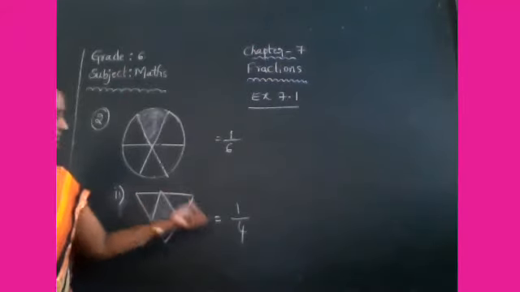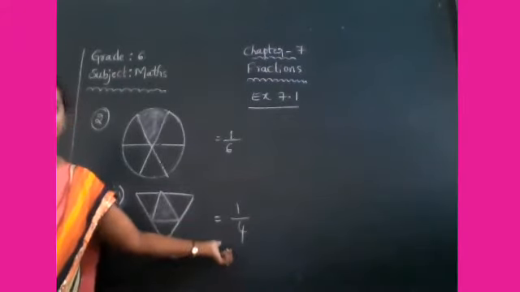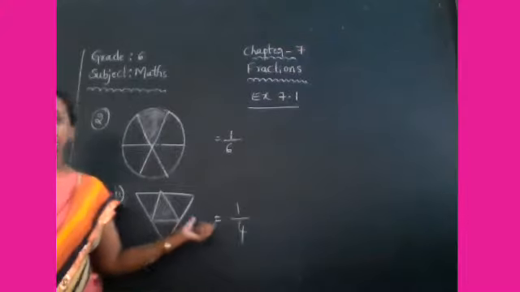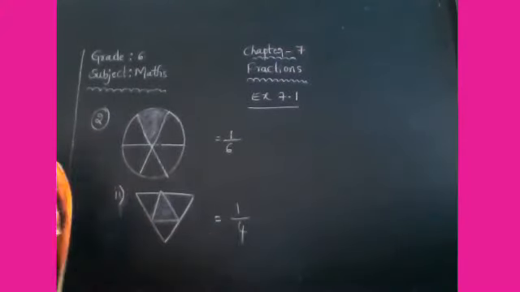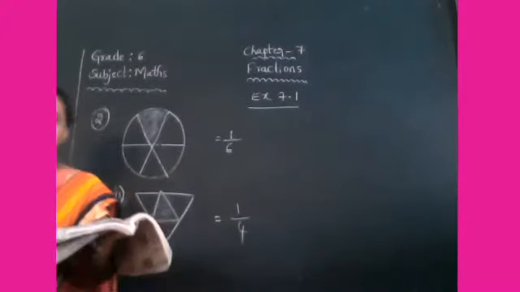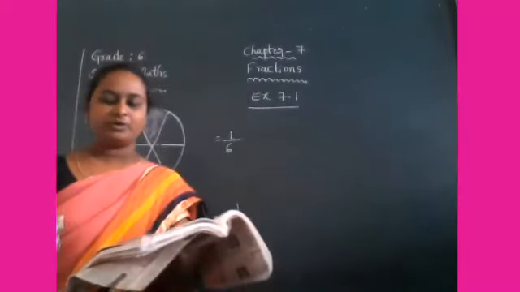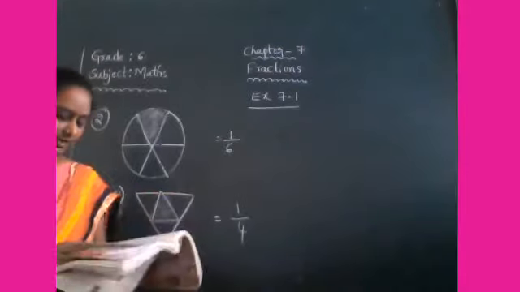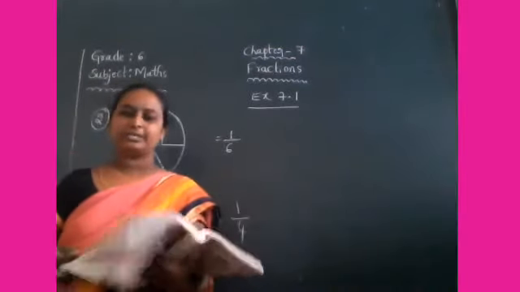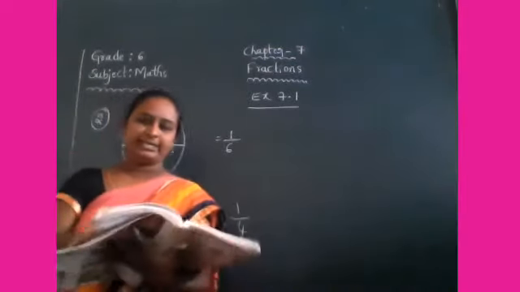But you have to show 1 by 4. So it is a 1 by 4 fraction. Right, children? Very easy. This is the third one, fourth one, fifth one. We have to do everything and draw these in your notebook neatly with crayons.